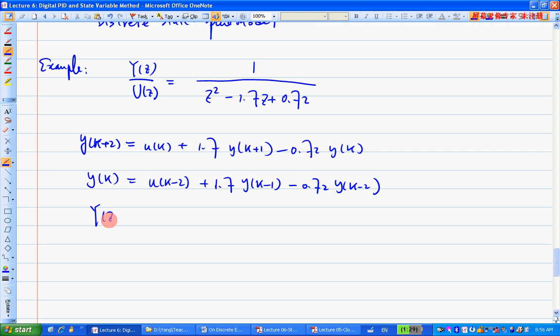You get Y of z here, you get z to the power negative 2 here, z to the power negative 1 here, and z to the power negative 2 here.